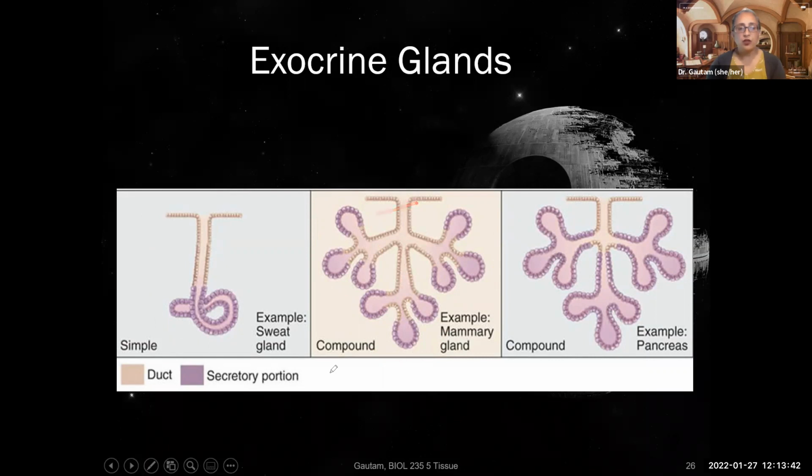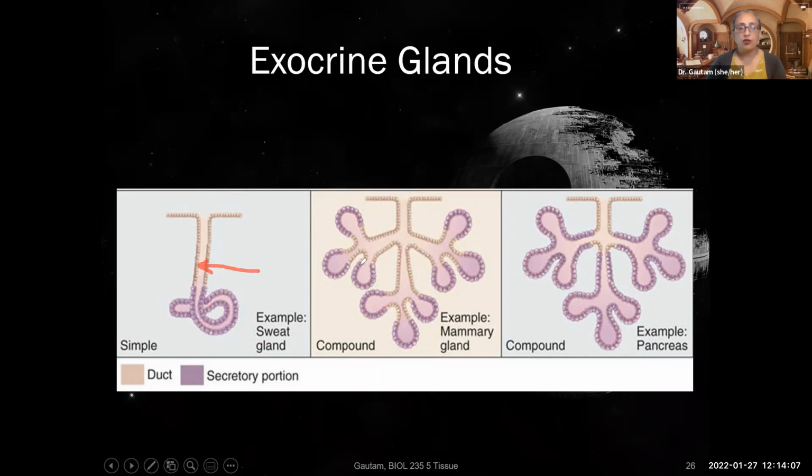So what's the difference between simple and compound? Simple means you have one secretory unit that is connected to one major duct. Compound is when you have lots of secretory units that have their own duct that are then connected to a major duct. In this case, there's just one pathway.